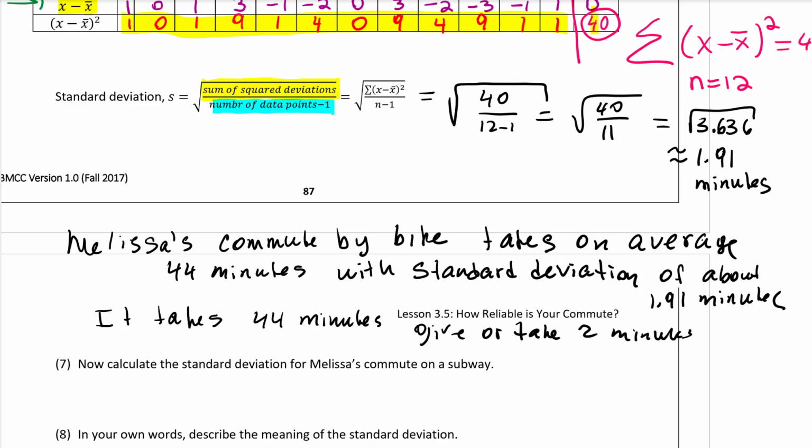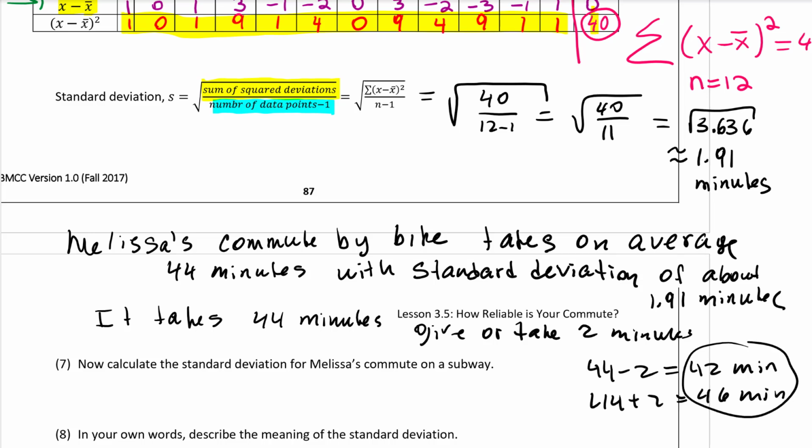On a normal day, it's going to be 44 minus 2, which is 42 minutes, and 44 plus 2, which is 46 minutes. So that is going to be your aim, and the majority of the time, your commute is not going to be outside that range. You see how that standard deviation is kind of important? It gives us a ballpark of what to expect.